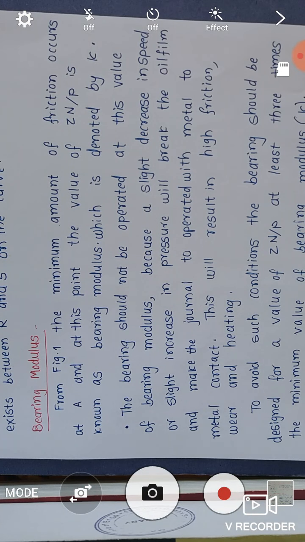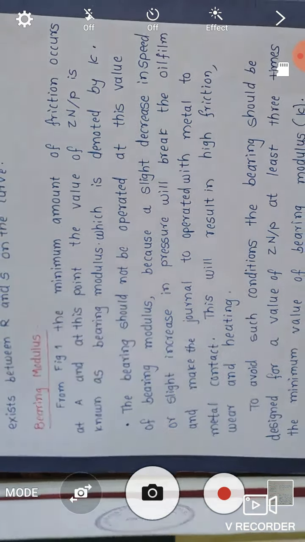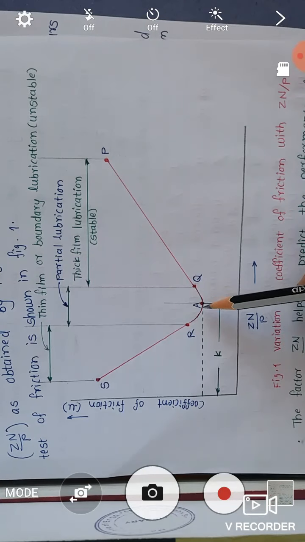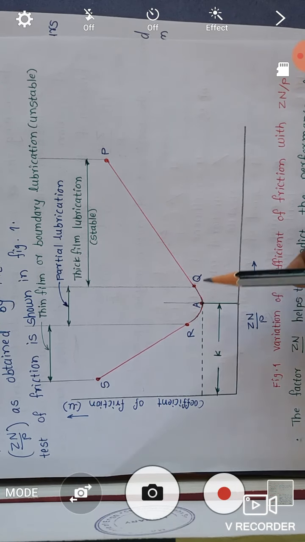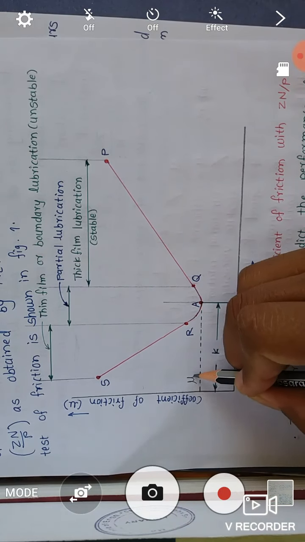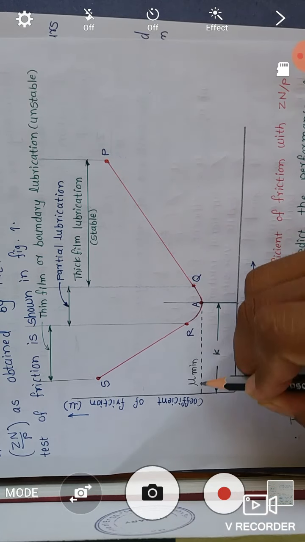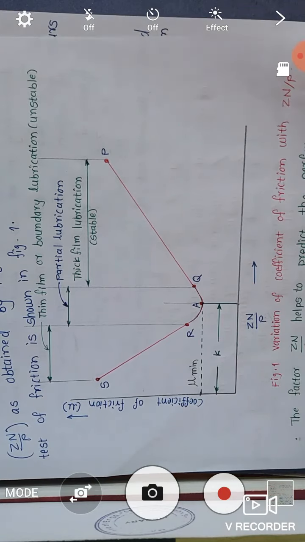Then the second important point in this discussion is the bearing modulus. From that figure, the minimum amount of friction occurs at A. If we see this diagram, the minimum coefficient of friction is at location A, so this is called mu minimum.